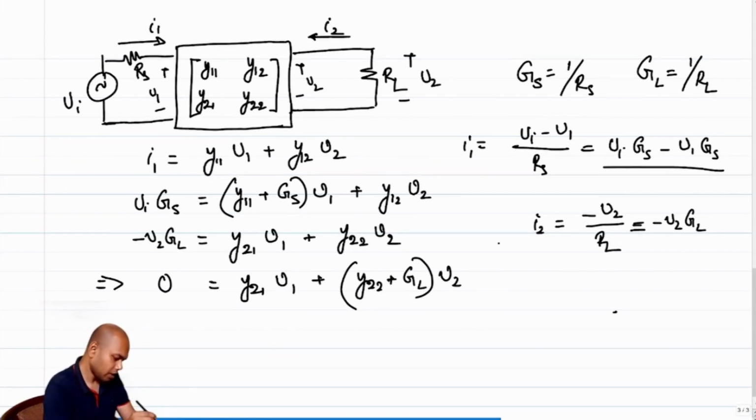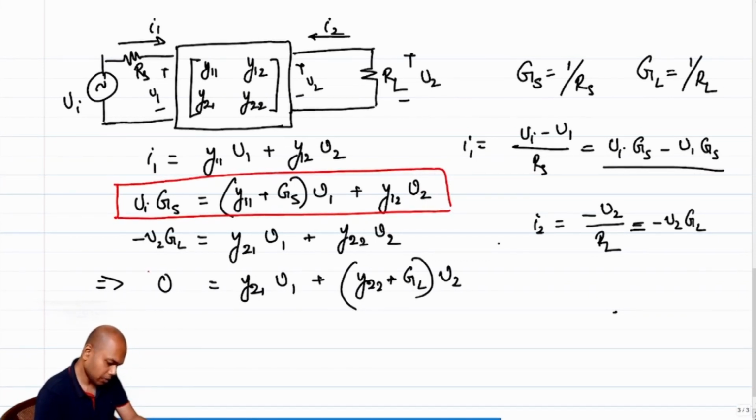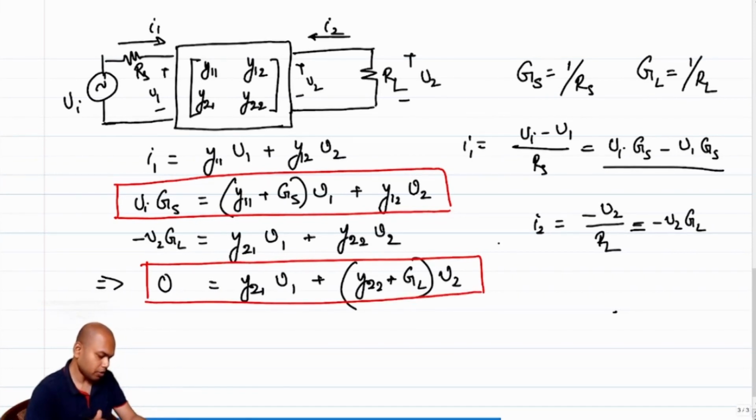Okay. So now have a look at these two equations, this one and this one. What do you notice? These are two sets of equations which can be written in a matrix form. Why am I interested in writing it in a matrix form? Because it's a 2 by 2 matrix, it's easy to solve. So let me just write it in that format.